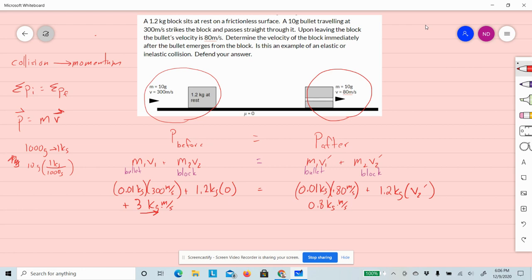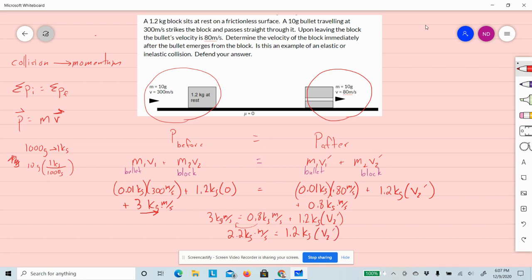This is our real unknown. So we've got 3 kilogram meters per second equals 0.8 kilogram meters per second plus 1.2 kilograms times V2 prime. Subtracting 0.8 from each side, we get 2.2 kilogram meters per second equals 1.2 kilograms times V2 prime.